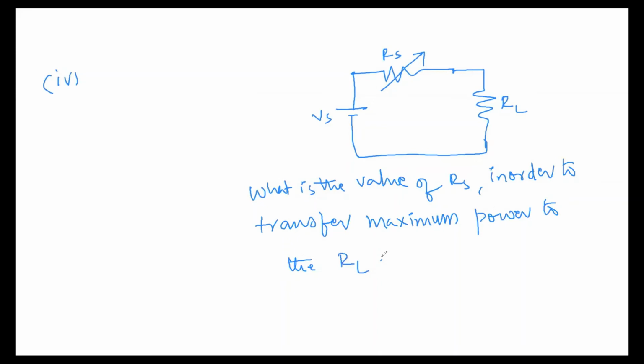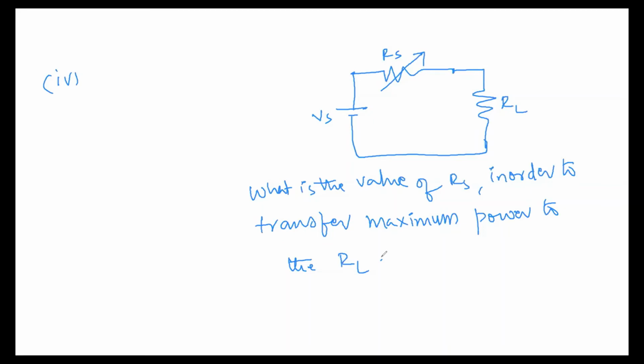Previously I asked what is the value of RL in order to transfer maximum power to that same RL. But now the variable quantity is RS, right? So what is the value of RS in order to transfer maximum power to RL?